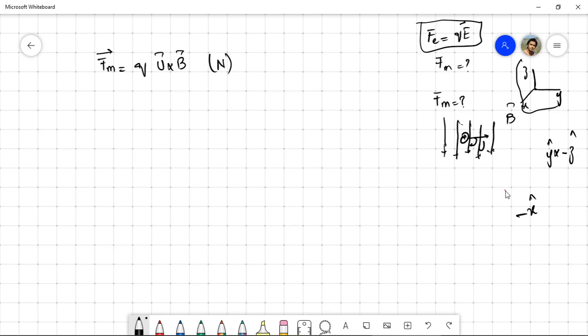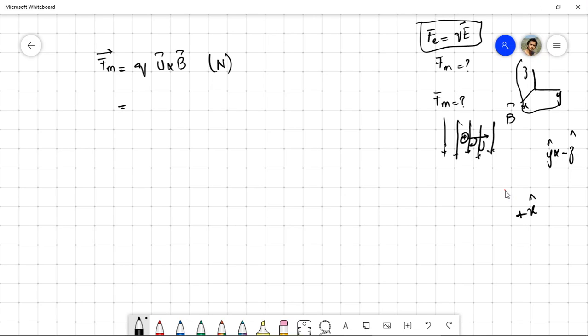And for a negatively charged particle, that force will be reversed, because there will be a minus sign here. So in case of a negative charge, the direction of this magnetic force will be opposite to the case in which the charge was positive. So this is what was related to the direction.